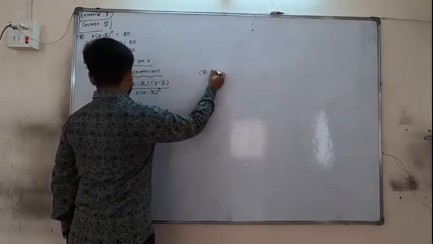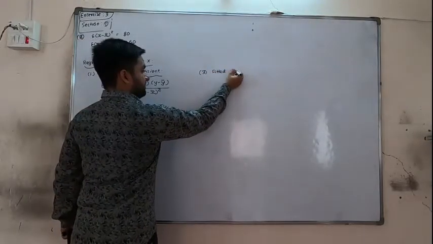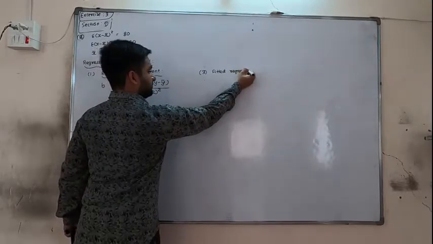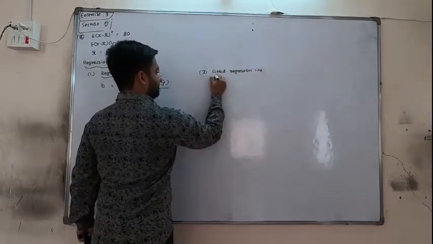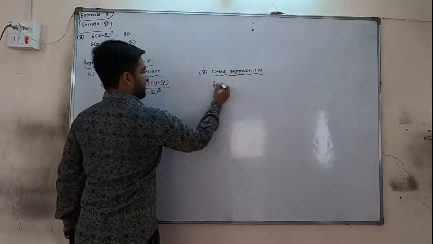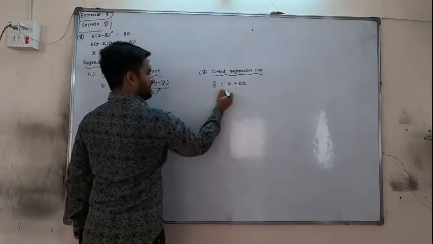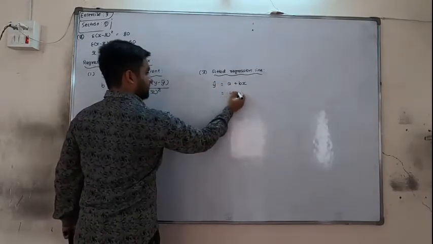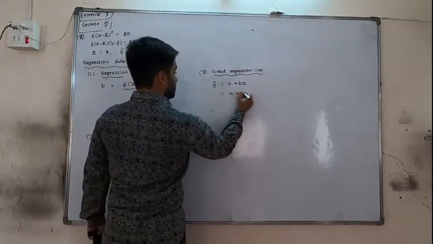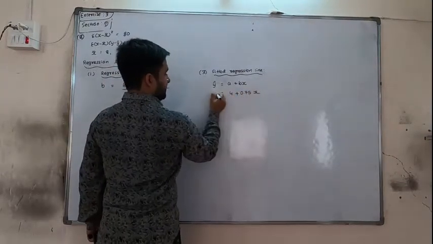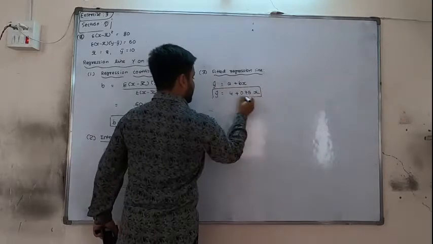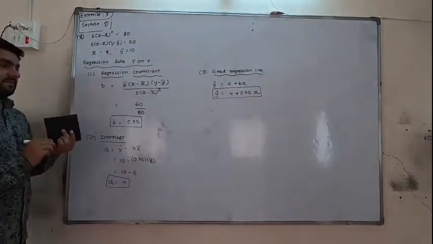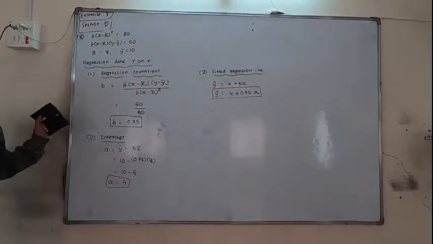Third step, fitted regression line. y cap is equal to a plus bx. a is 4, b is 0.75. So the regression line would be y cap is equal to 4 plus 0.75x.